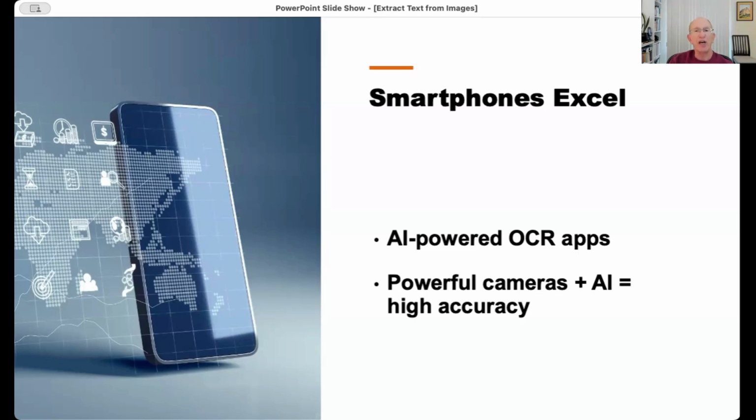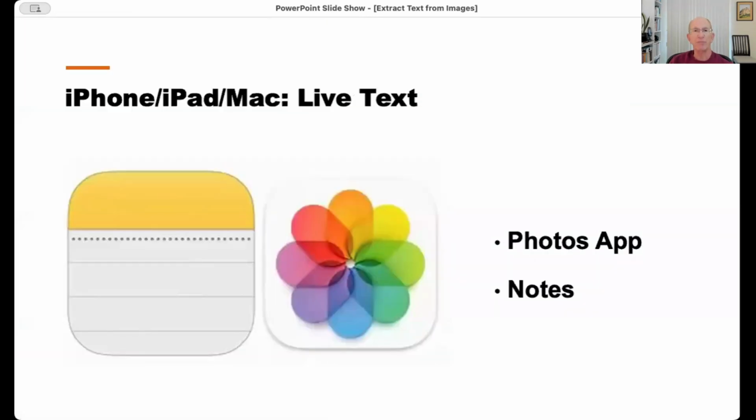And the fact that we have AI-powered optical character recognition apps, and the combination of that AI and camera functionality, has really improved the accuracy and functionality of the ability to use apps on our smartphones in combination with the camera and the processing AI capability to be able to get a lot of image recognition.